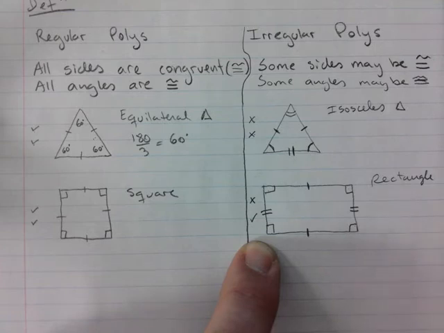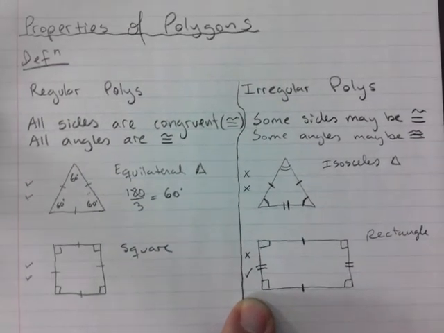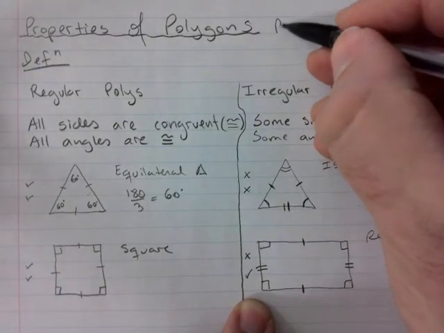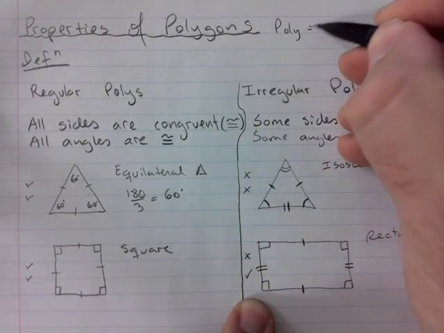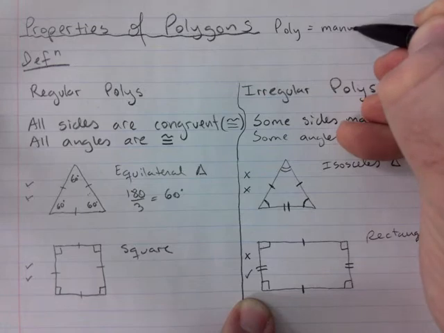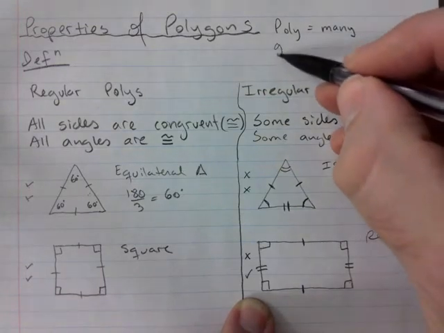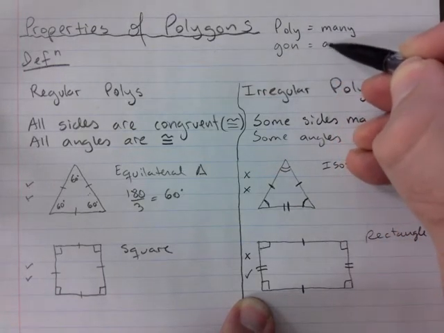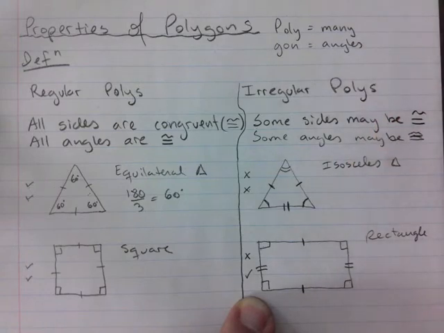Polygon stands for many sides. So let me just go up here. Poly is many, gon is angles. Many angles, hence many sides. It goes both ways.